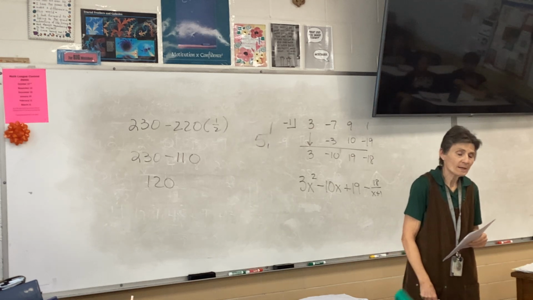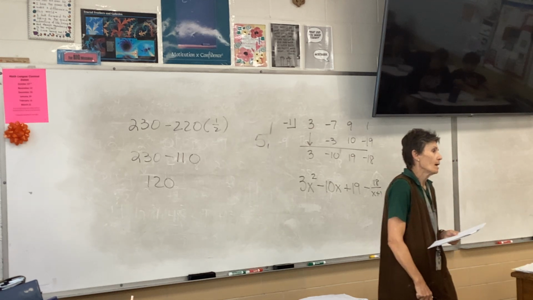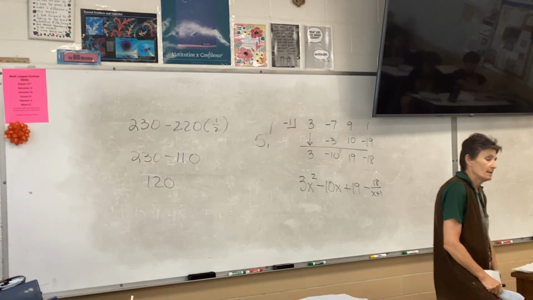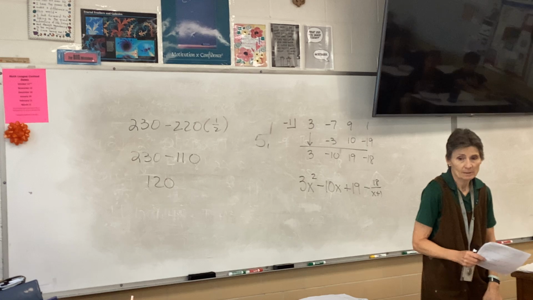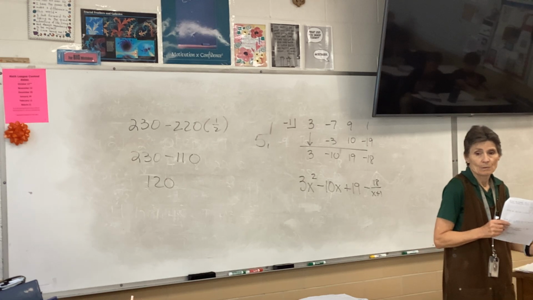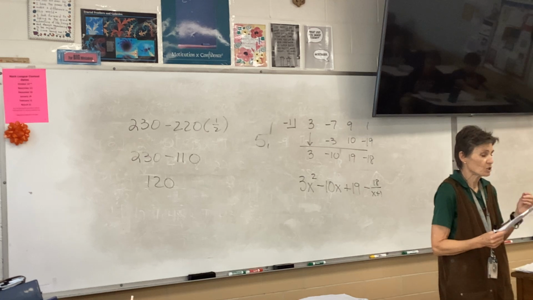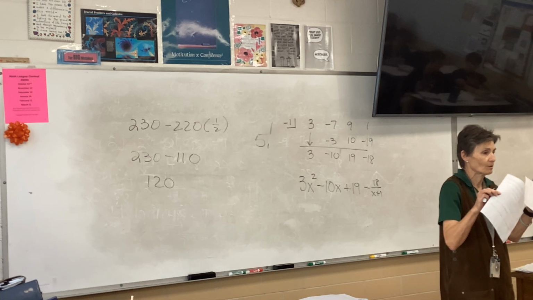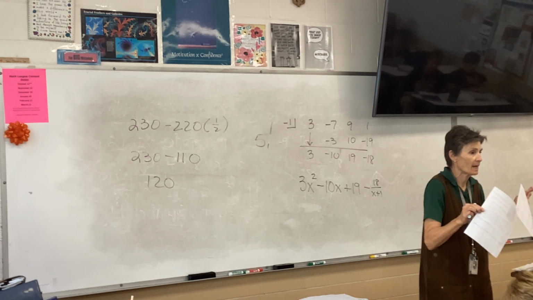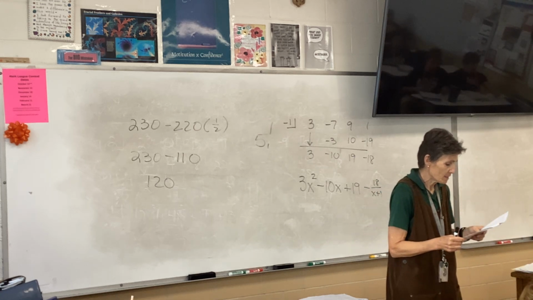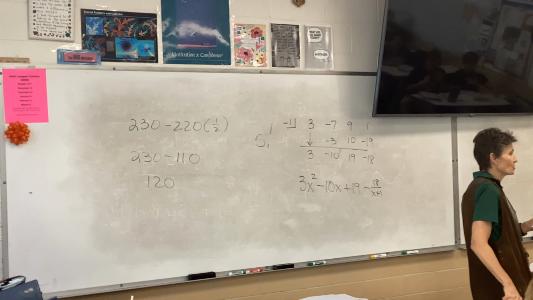And I'm always harping at you about reading the problem carefully. And I did not. Problem number 3 on the sheet that we did yesterday, the 2-pager, the last true false.